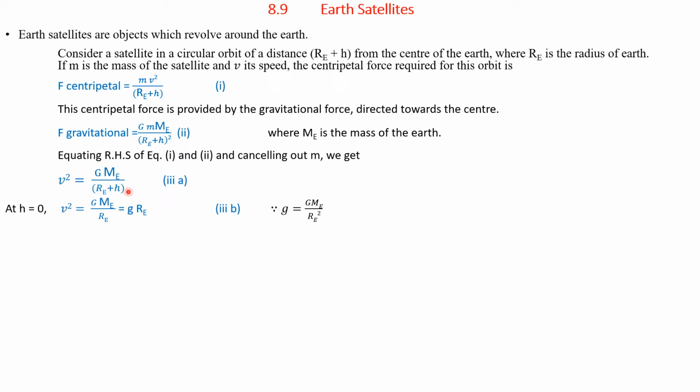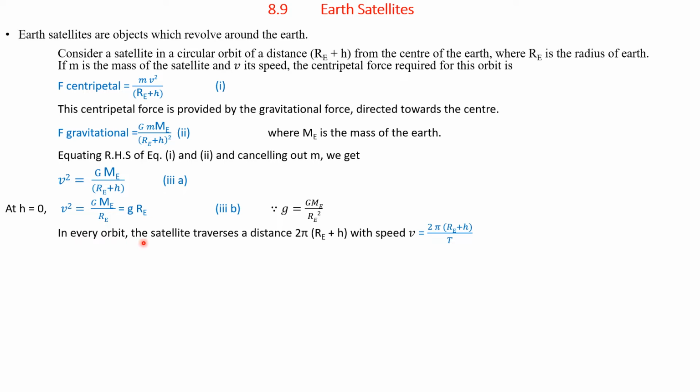If you put h is equal to 0, that is, the satellite is very close to the Earth as compared to the radius, we get v square is equal to G into ME divided by Re. That will be equal to g into Re because small g, that is the acceleration due to gravity, equals G into ME divided by Re square. Let it be equation 3b.